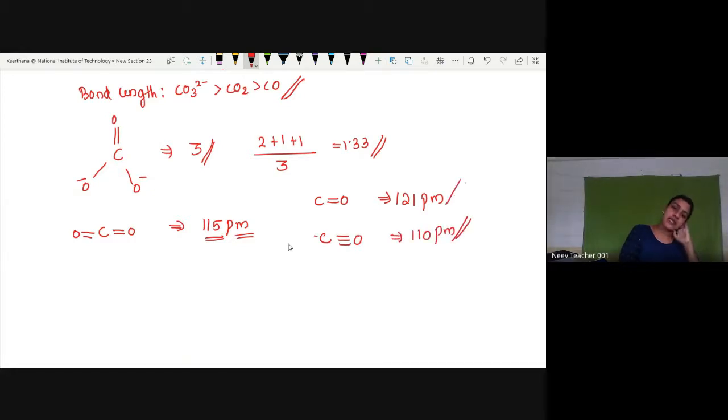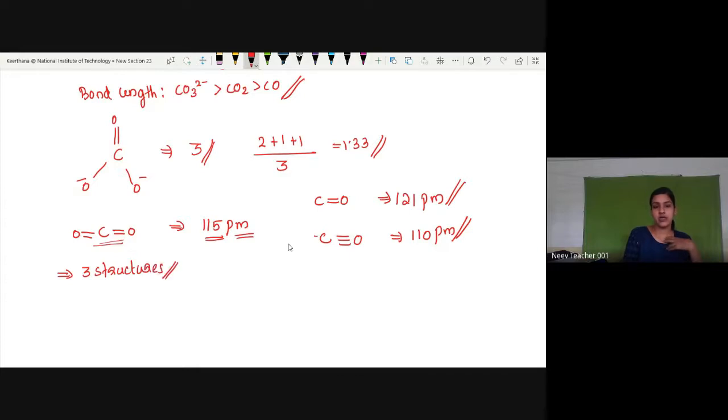So the carbon oxygen bond length is in between the double bond and triple bond, which means carbon dioxide is also involved in resonance, and it is not the actual structure. There are 3 resonance structures possible.